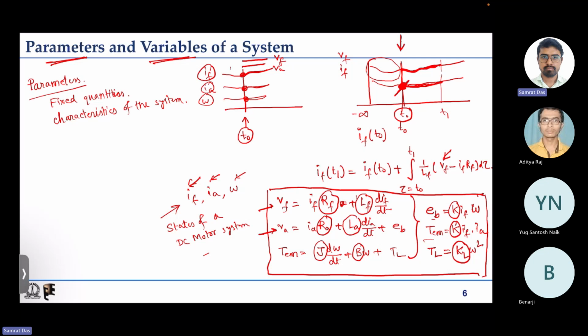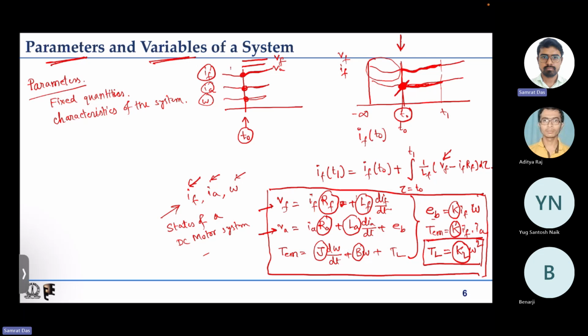Overall, because the load is not part of our DC motor but is connected to the motor, we will not consider the load torque equation as part of our system.